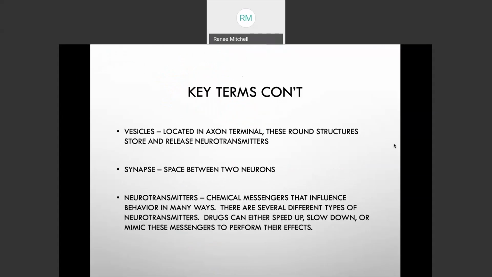Located within the axon terminal are vesicles. So at the end of the axon, as the electrical signal is getting sent down the axon, it reaches the axon terminal, where there are round structures that store and release neurotransmitters. So you can think about all information traveling within the brain as a neurochemical reaction.